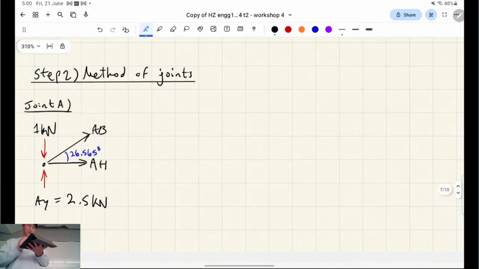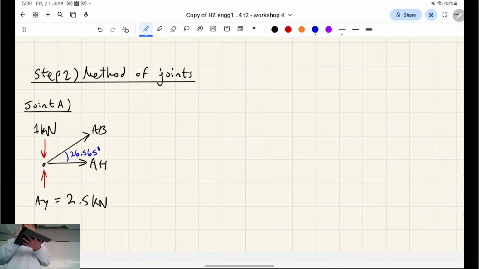So have a think about it. Are we going to take the sum of the y forces or the x forces first? You're right, but why is that, do you reckon? Eventually the forces cancel out. Yes. Okay.